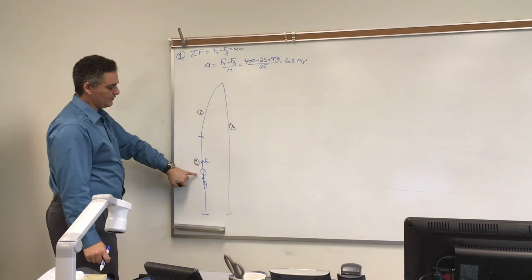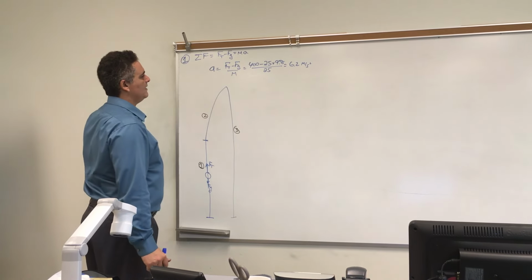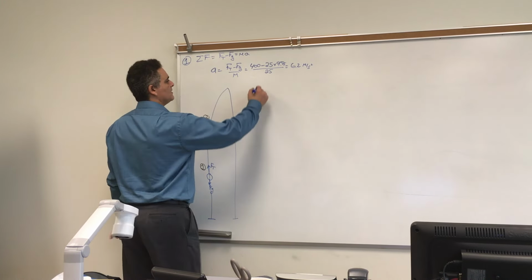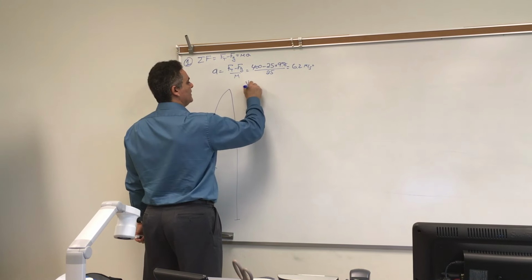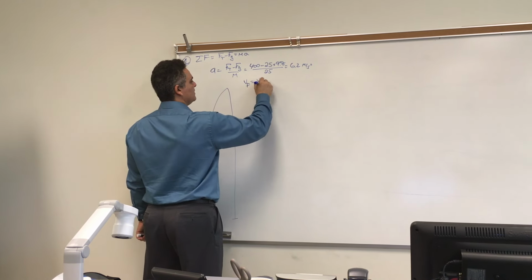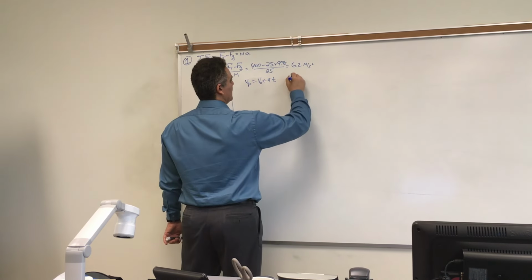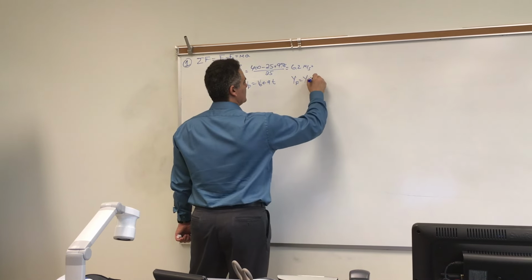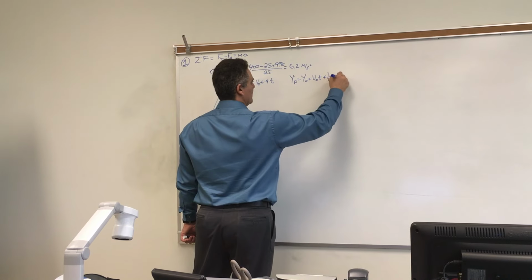So step A is free body diagram, step B is sum of all forces, step C is acceleration, and then the next step is the equations of motion. So let's do the equations of motion. In this case we have V final equals V initial plus AT, and Y final equals Y initial plus V initial T plus 1/2 AT squared.